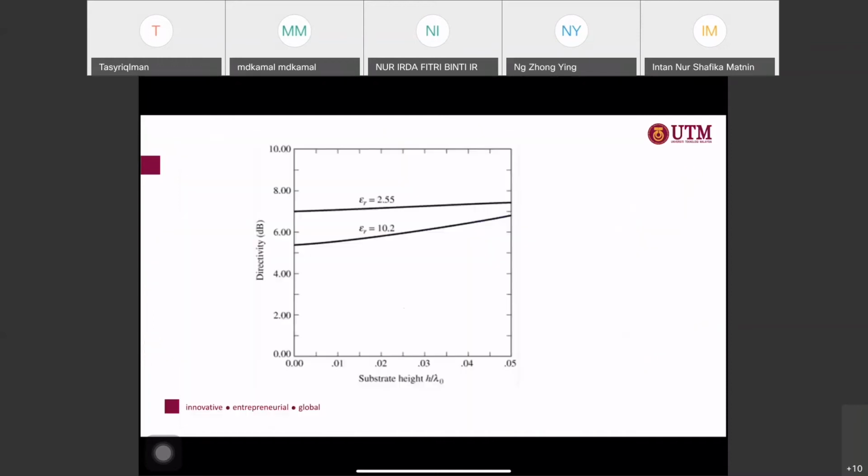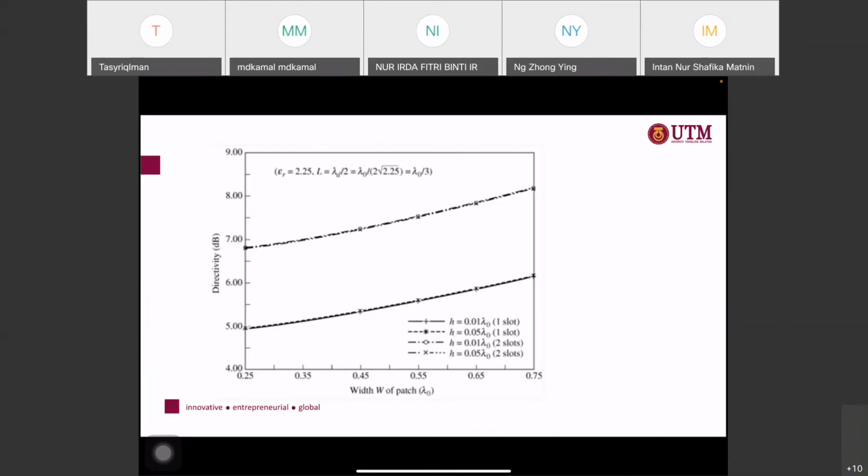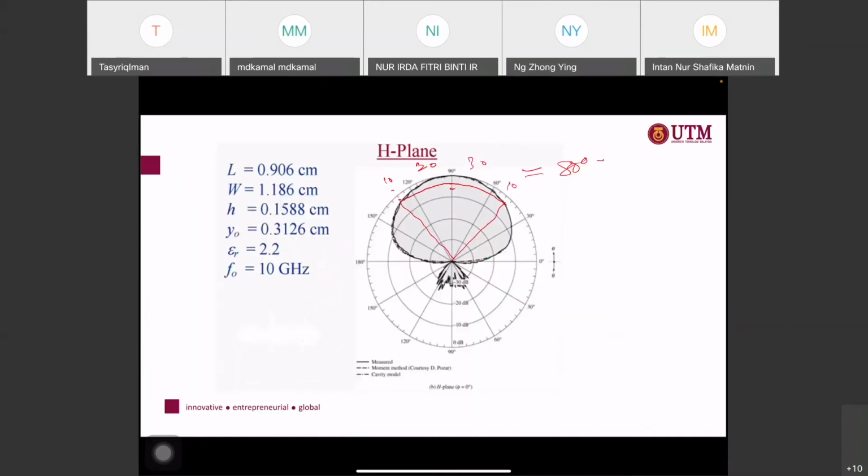Because from the diagram itself, as you can see, the 3 dB value is only here. The highest may be 90. If you have 60 and 120, it means your half is here, so this is not 3 dB already. It's more than that. 3 dB must be somewhere around here.